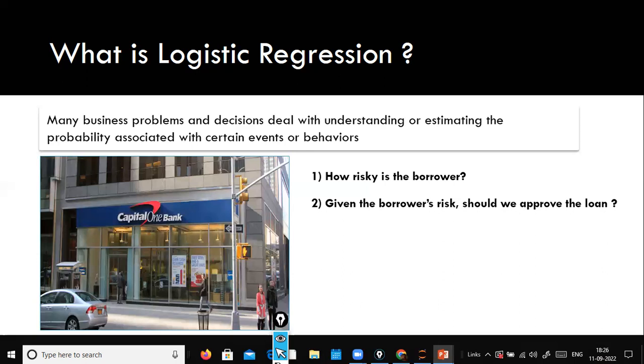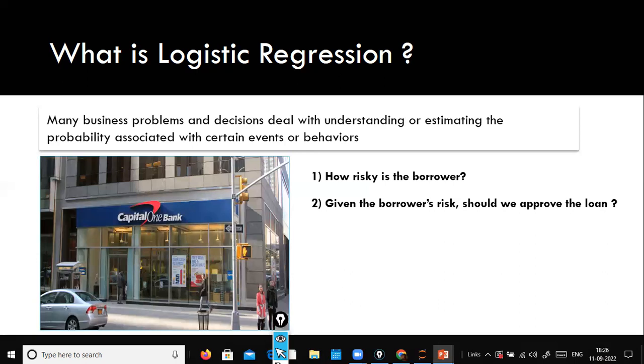This is where the bank uses machine learning algorithms to predict which customers are going to default, or which customers are profitable, which means we can approve the loan for them. Using classification algorithms like logistic regression, banks can predict the class label, whether yes or no: whether this customer falls in the profitable category or the non-profitable category.